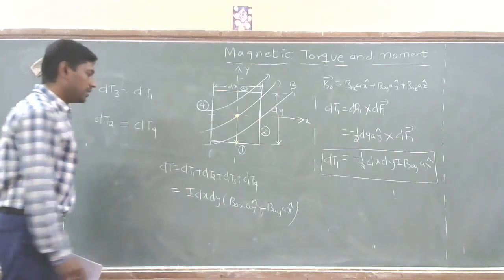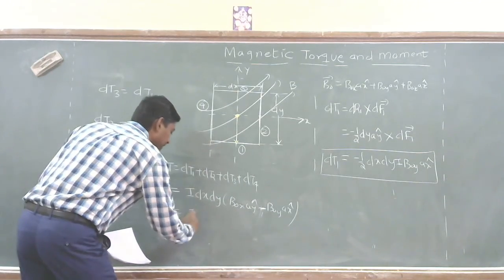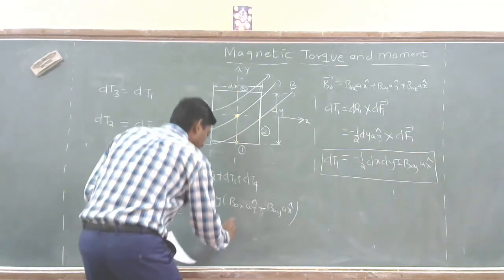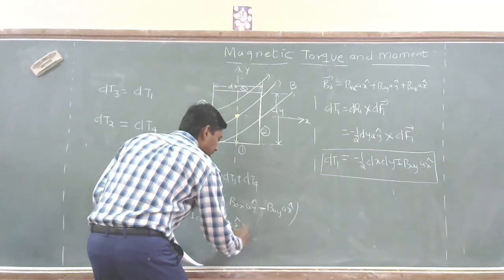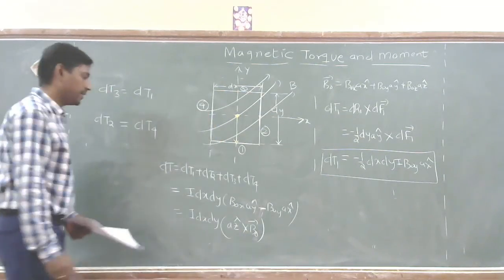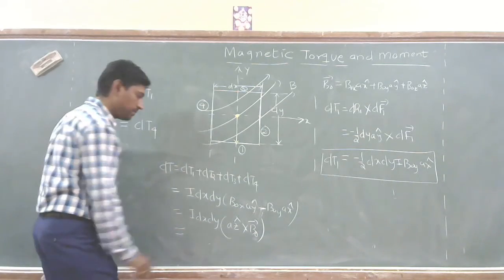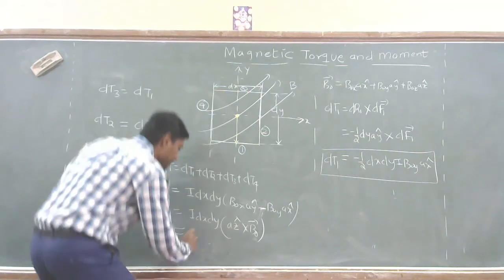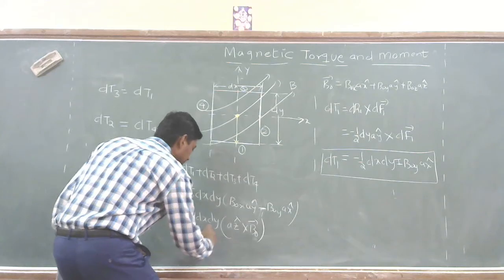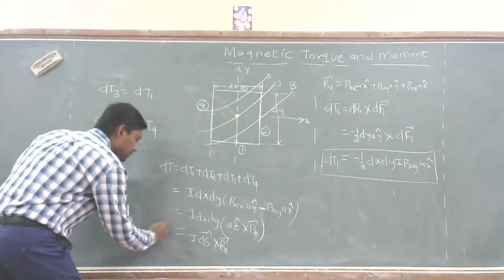Okay. Now, this result which is within this bracket, I can write as I dx dy az hat cross B naught. And now you will see that I can write it in a much better way. This is I ds cross B, or B naught, whatever it is.